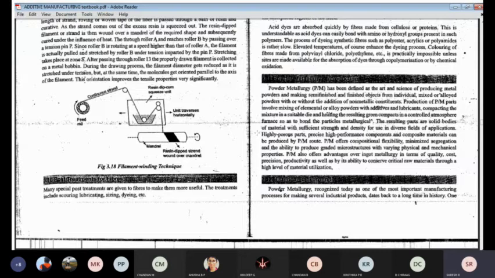So 1 minute. So 1 minute, we're going to give the brief introduction for this powder metallurgy.